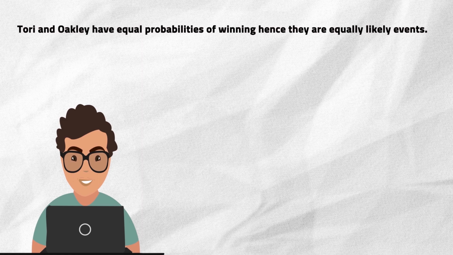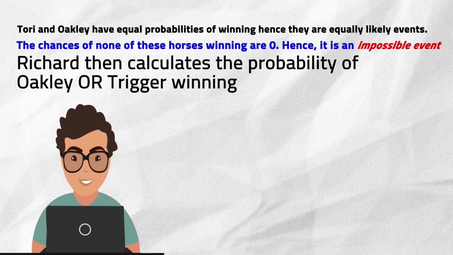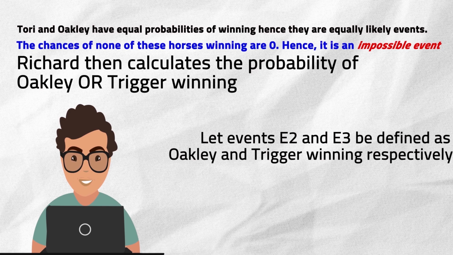Tori and Oakley have equal probabilities of winning, hence they are equally likely events. The chances of none of these horses winning are 0, hence it is an impossible event. Richard then calculates the probability of Oakley or Trigger winning. Let events E2 and E3 be defined as Oakley and Trigger winning respectively.